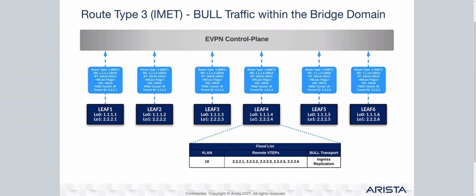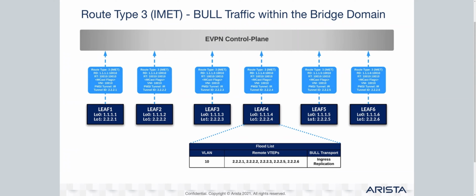Seeing how this route is actually advertised from the VTEPs, assuming all of these VTEPs, leaf 1 through 6, have the bridge domain VLAN 10 locally present, they're going to originate a type 3 route associated with that bridge domain. A lot of this looks like what we've seen thus far throughout the webinar series.